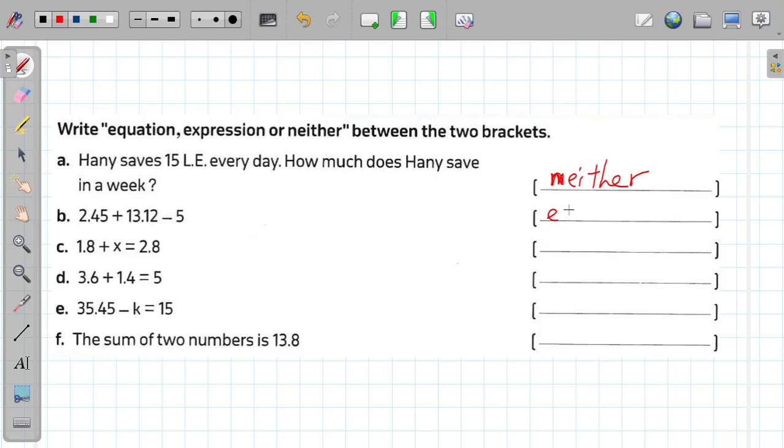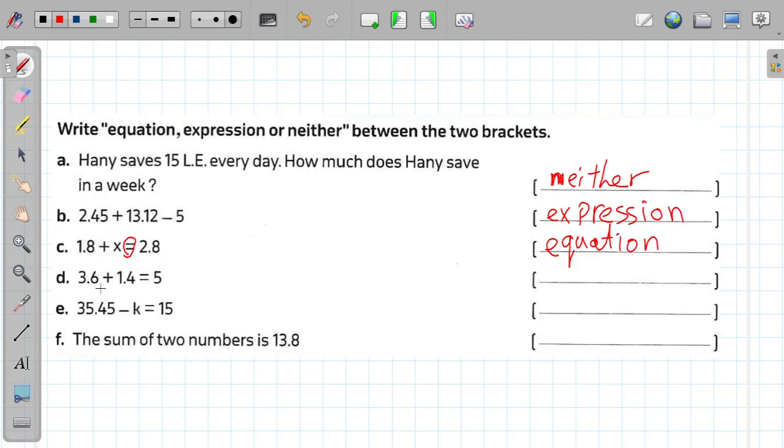So the second one is an expression. Okay, the next one is 1.8 plus x equals 2.8. I have here an equal sign, so I can call it an equation. So the third one is an equation.